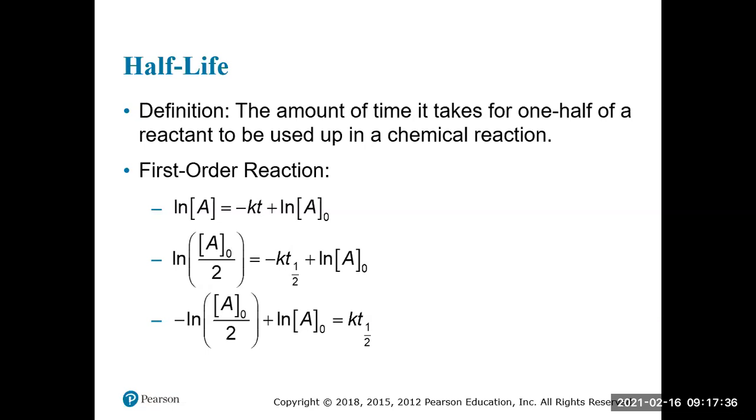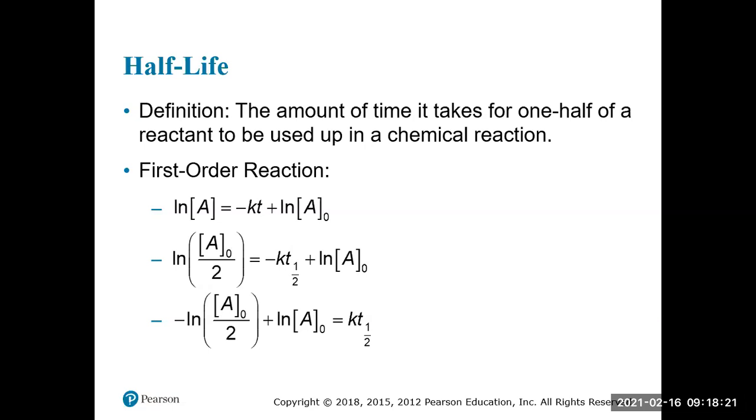So by definition, for the natural log on the left, we can substitute the concentration A with the initial concentration, A sub 0, divided by 2, because if we're using up half the reactant, that would be the initial reactant divided by 2. We can also change the time value in that formula. Since we're looking for the half-life, we're looking at the time at 1/2.